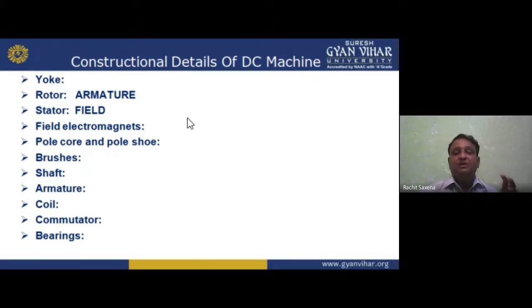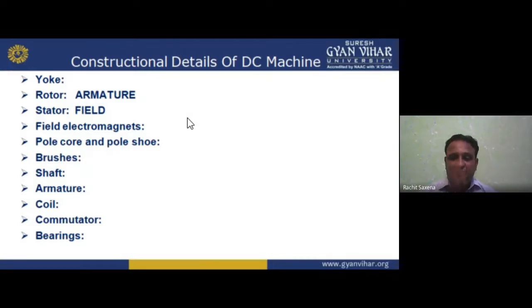Then we have the field winding, also called the field pole winding. Now, why are we using winding, my dear student? Winding plays an important role, because if I place winding on a core and give supply to it, the winding converts the current into flux as per the Biot-Savart law, and with the help of the core, the flux is spread.